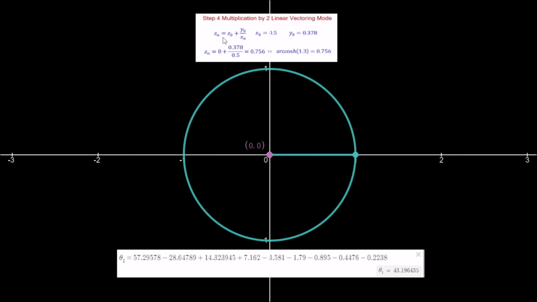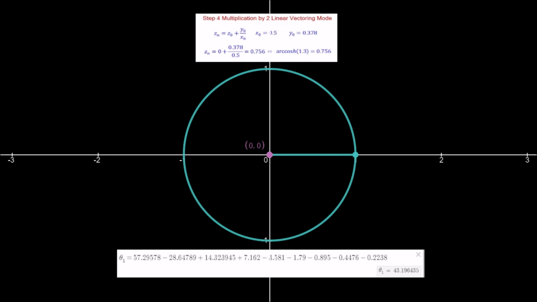So we can say Zn is equal to Z0 plus Y0 upon X0. The value for our X0 will be 0.5, and the value for our Y0, well, our Y0 was 0.3766. And you can see that was very close to this calculated value, 0.378. So let's put our values in just now.